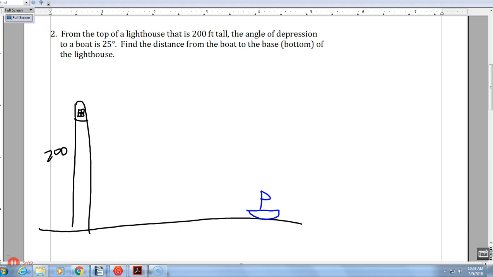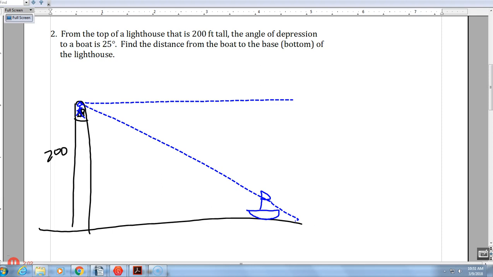So from the person standing up here in the lighthouse, okay, horizontal line from there would be straight across. So there's the horizontal, and if I look out and I see the boat right down to here, and let's just pretend, go something like that. Not the best drawing, but bear with it.